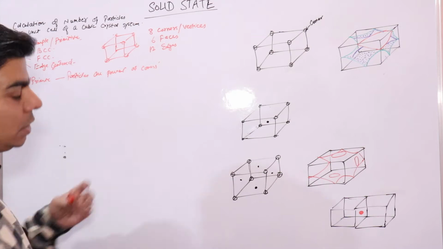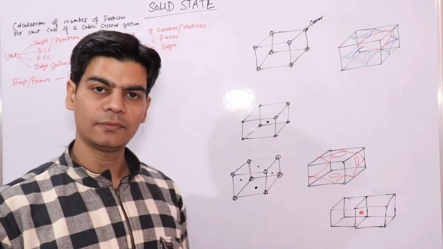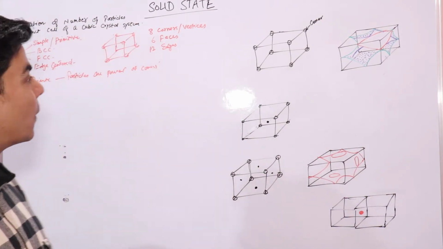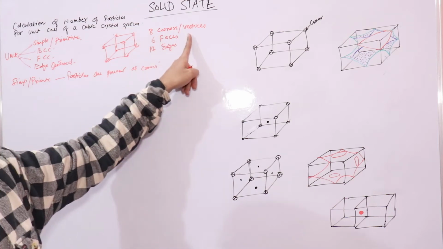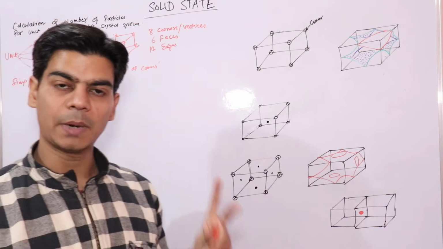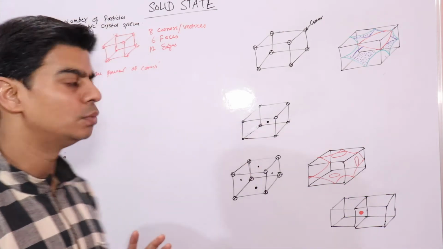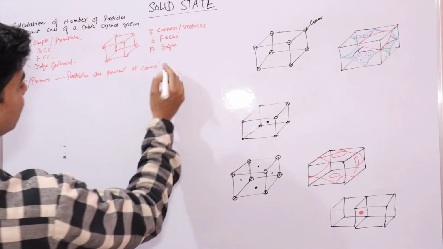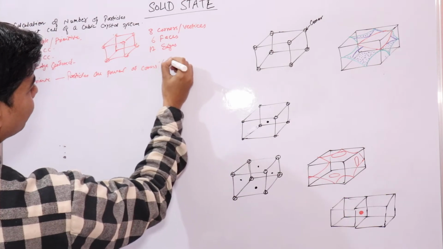So how many corners does a unit cell have? A cube has 8 corners. So in a simple or primitive unit cell, we have particles at the 8 corners of a cube.